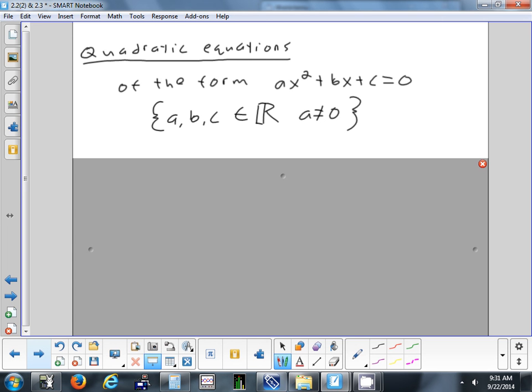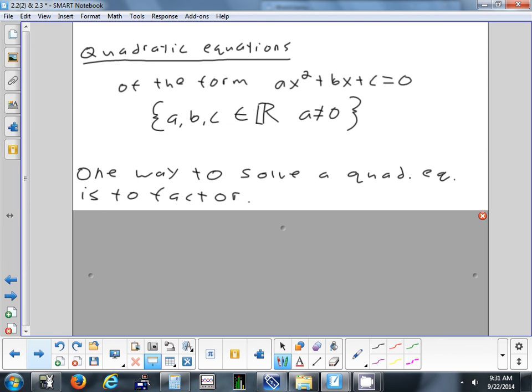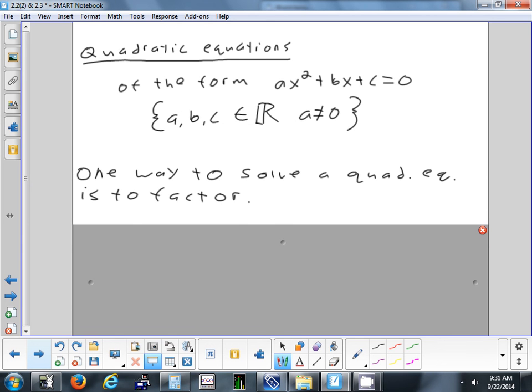Okay, so there's a few different ways we can solve the quadratic equation. We can factor. We're going to get to it in a second, but what's another way to solve besides factoring? We looked at this way earlier when we were talking about shifts and transformations of parabolas.